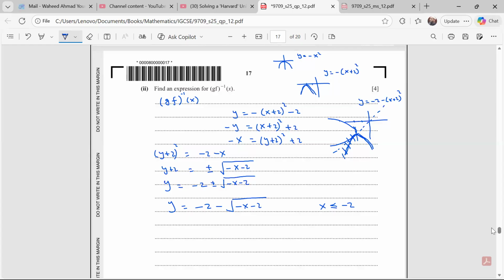Okay, so my inverse function, gf inverse x, is going to be -2, negative under the root of negative x, -2.